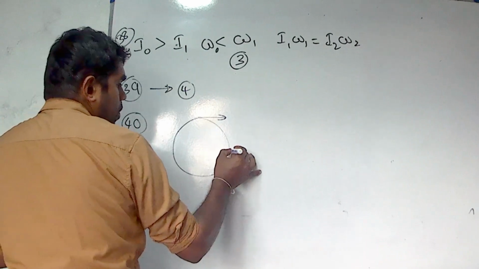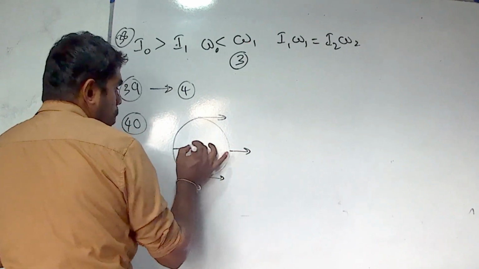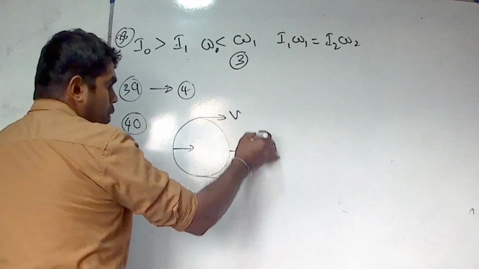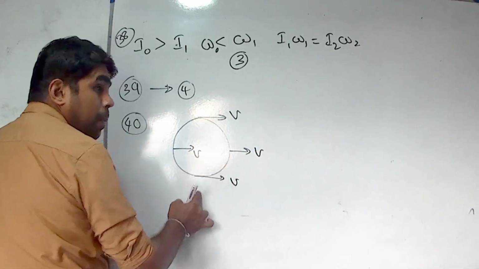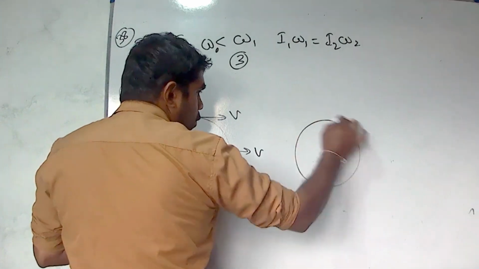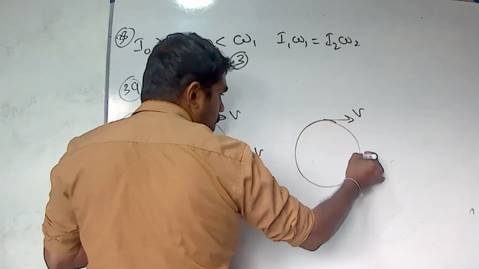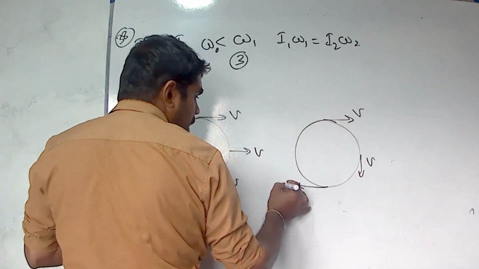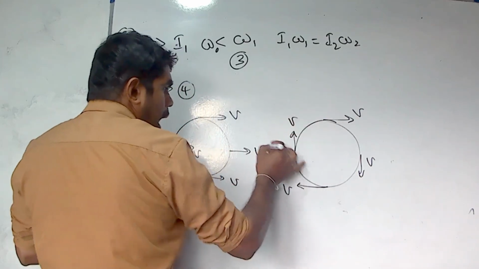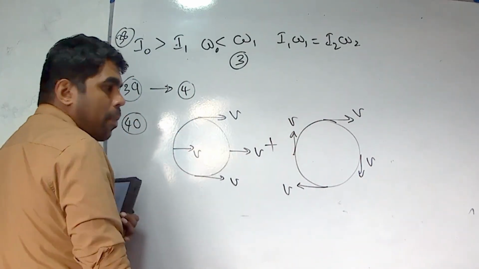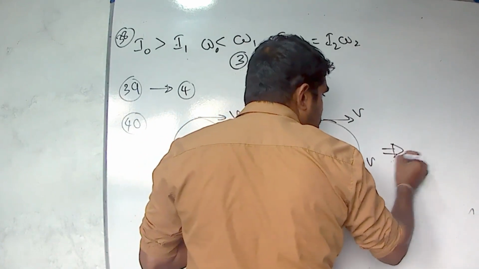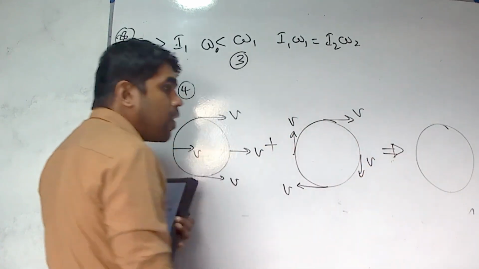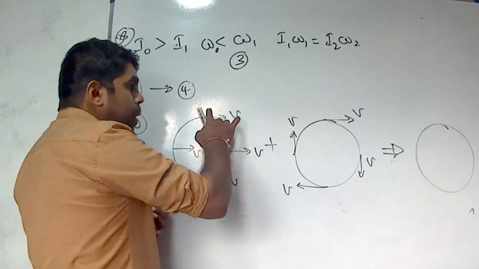the velocity of all points should be v for a slipping object. If it is rotating, the velocity should be like this. And the sum of these movements should be equal to the rolling motion. Then v plus v is 2v.